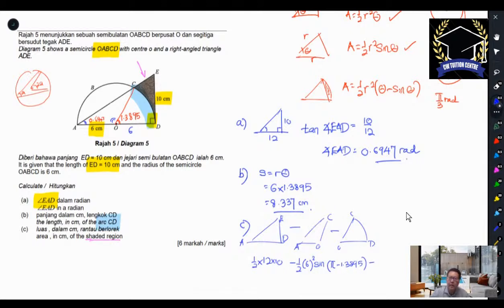And then I will minus this one: half r squared theta, where theta is 1.3895.